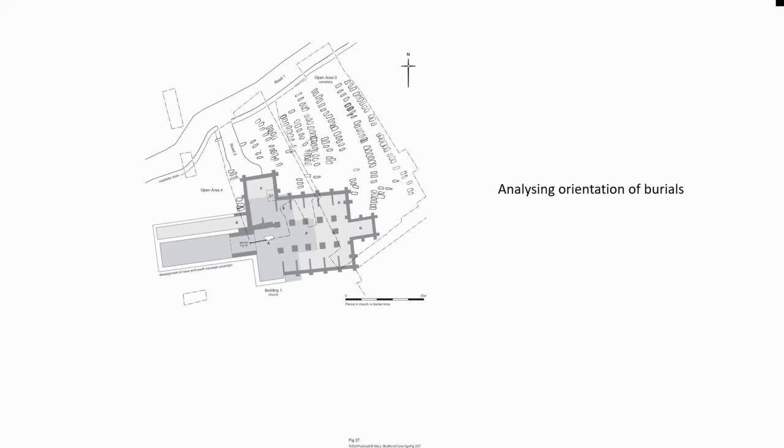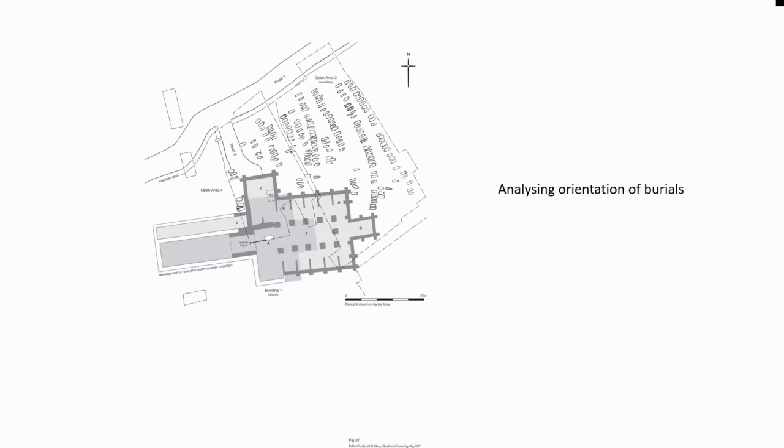It's using orientation to try and understand if there was any agency that this is a document of within the cemetery. It's using orientation to try and understand how the cemetery was used and whether there are certain features of the cemetery which the orientation provides a telltale sign of.